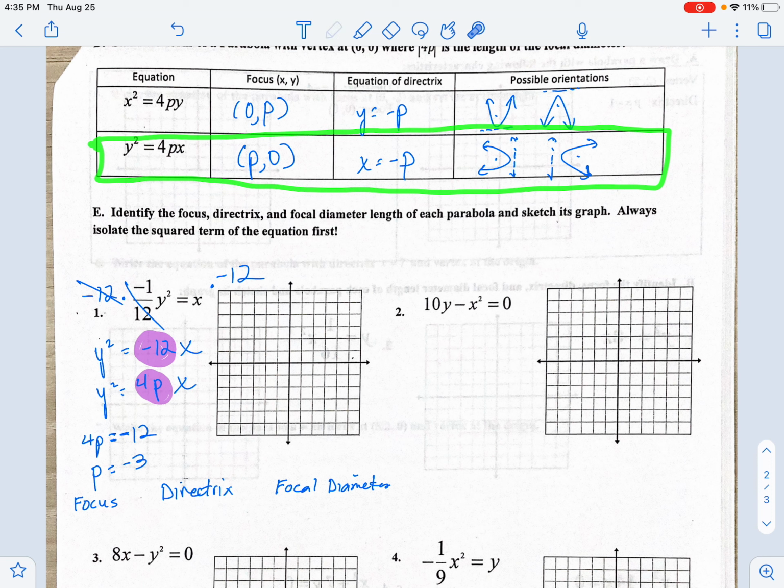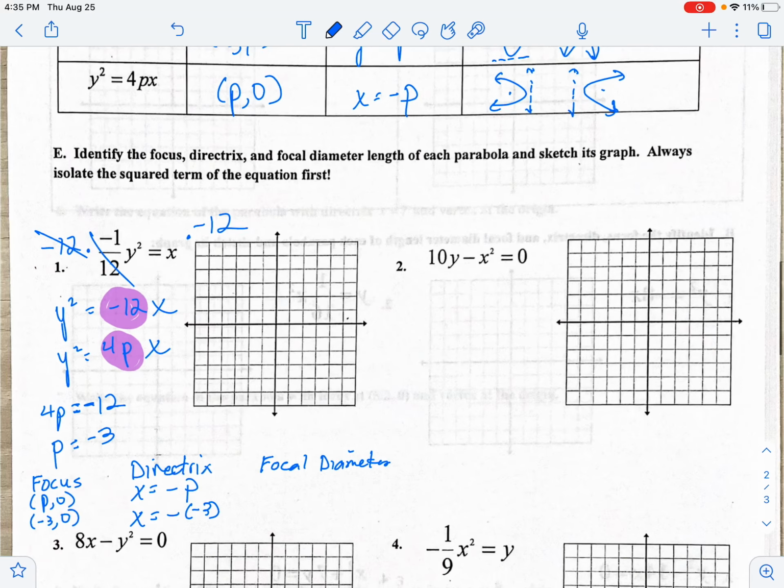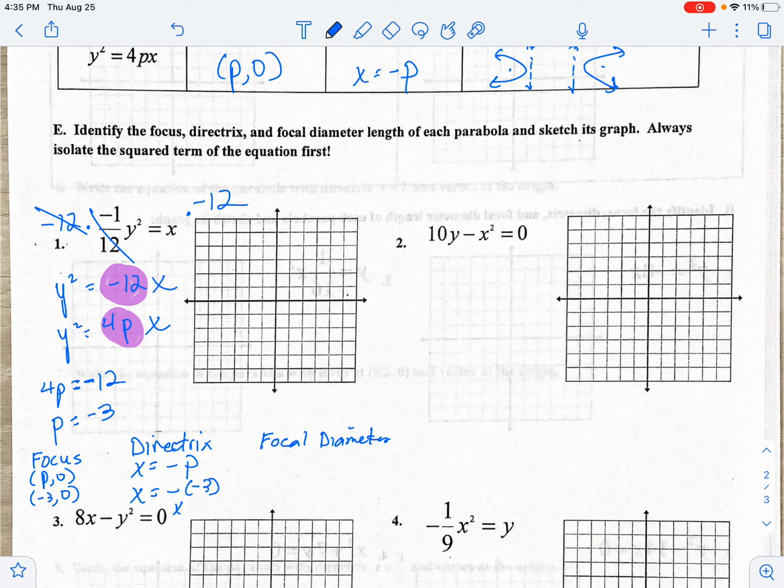Okay. So our focus is going to be (p, 0), which in this case is (negative 3, 0). Directrix is going to be x equals negative p, so x equals negative negative 3, which means that is x equals positive 3.